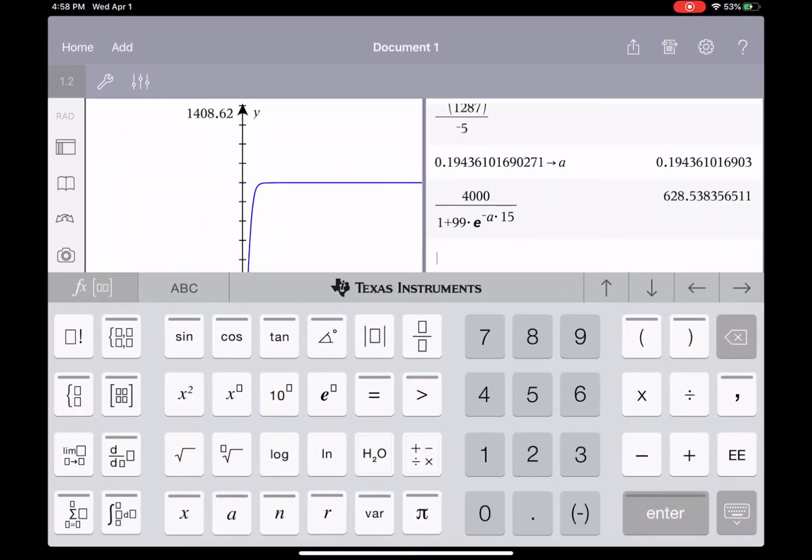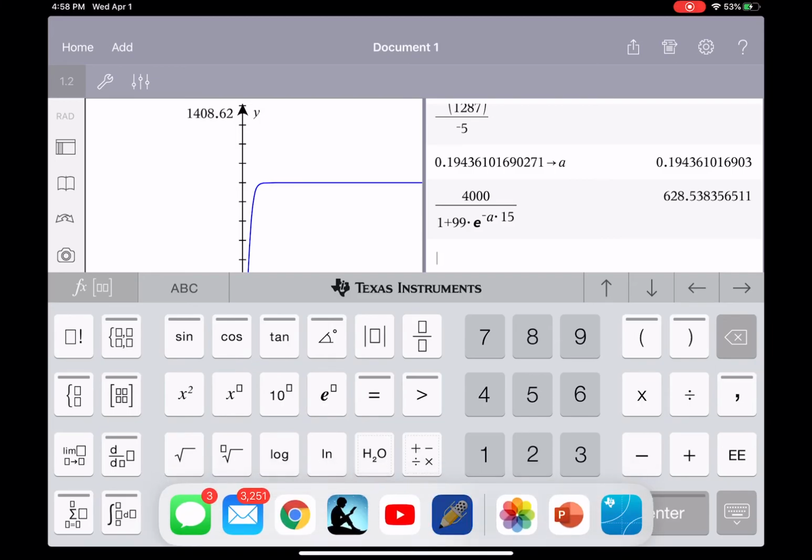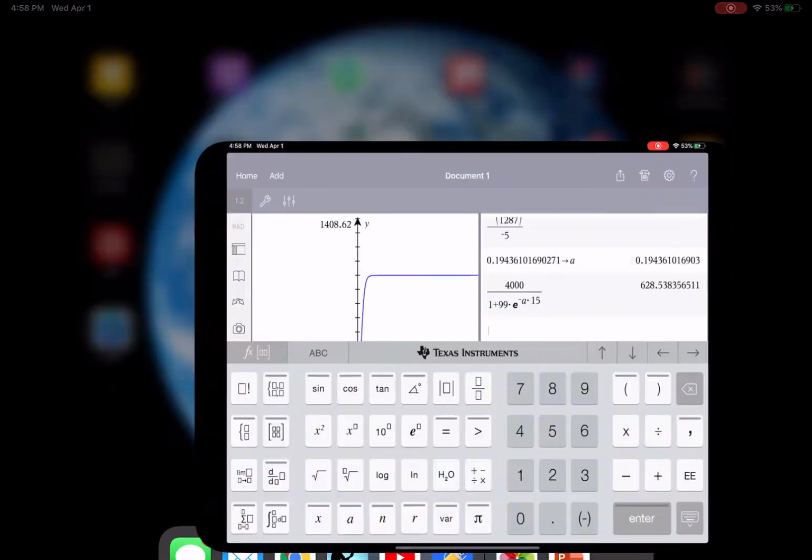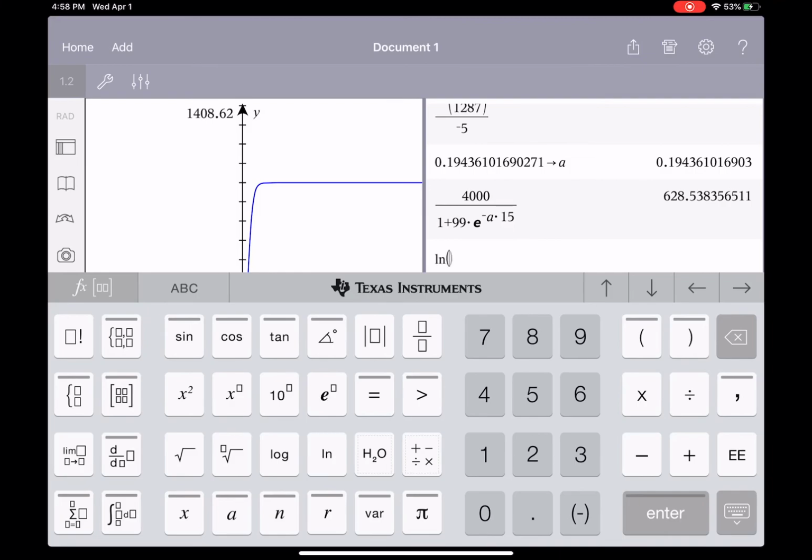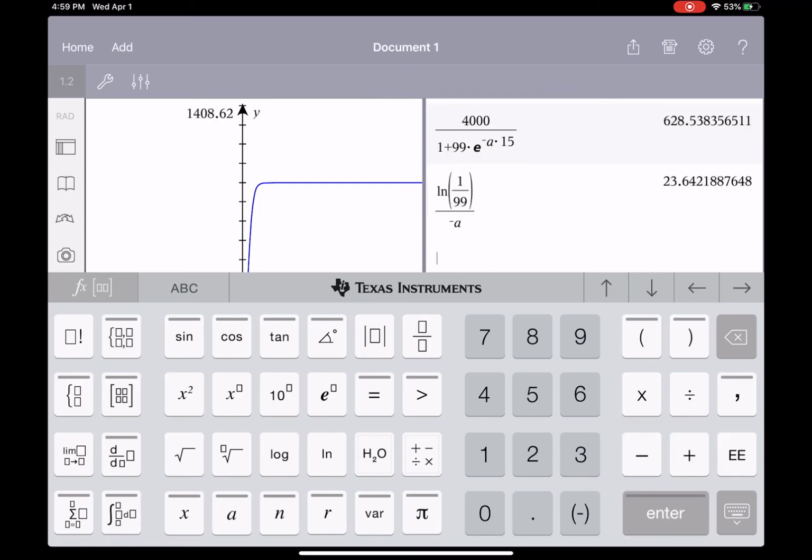Natural log of 1 divided by 99, divided by negative, and then use our a value that we have already stored in there, and approximate that. All right, so we've got about 23.642-ish years. I'm going to go ahead and store that as b just to verify that this actually makes sense.